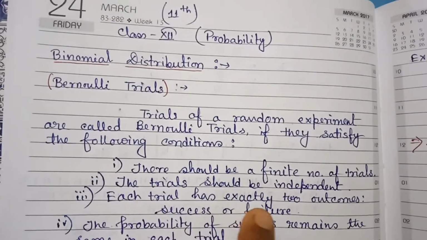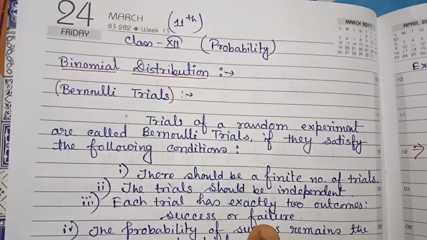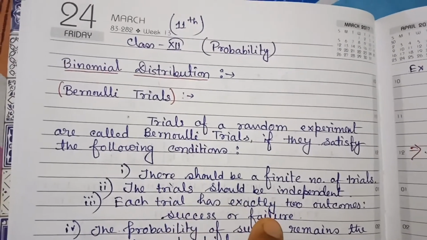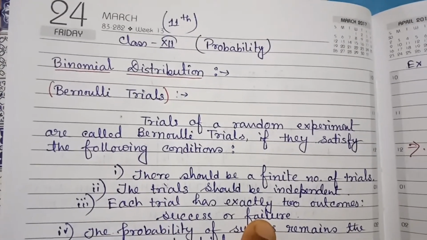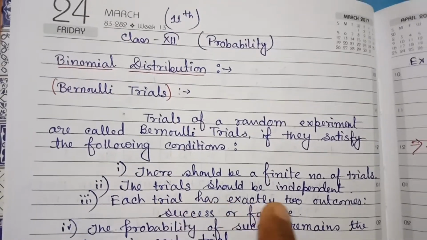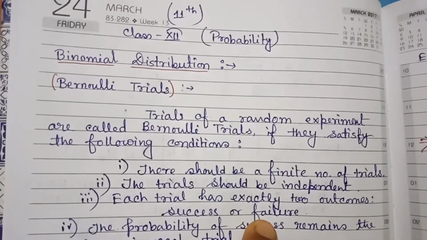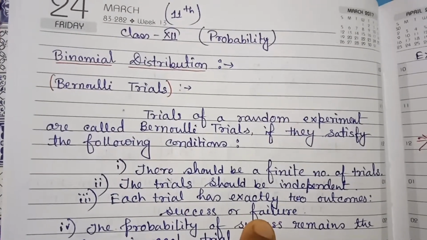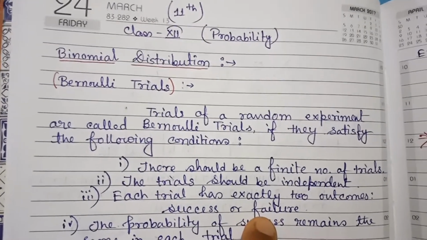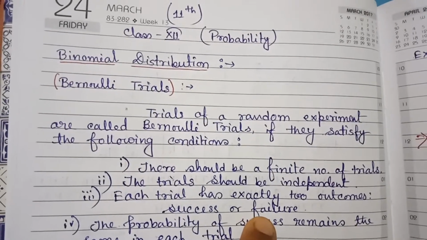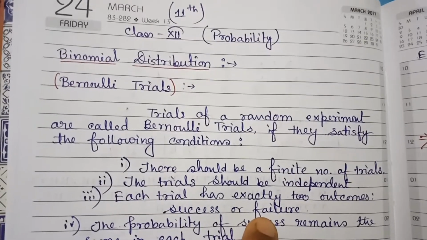Each trial has exactly 2 outcomes, success or failure. You must be thinking that for a coin it is okay, but for a die how can it be divided into only 2 parts, success or failure? Yes, it can be. Suppose we are throwing a die. Then we get 6 outcomes: 1, 2, 3, 4, 5 or 6.